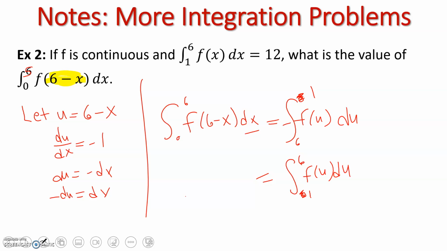So let's just make that assumption that there was a typo. And then we see here the integral from 1 to 6 is 12, so then our answer is just 12.